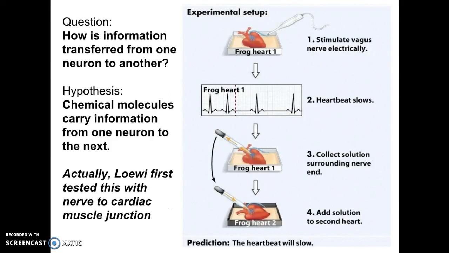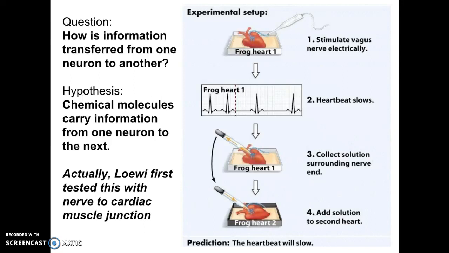He did this in frogs, and so he stimulated the vagus nerve of one frog and collected the liquid from around that heart, and then he squirted that liquid onto a second heart, and it slowed down, proving that there was some sort of chemical. He called that chemical vagus stuff after the vagus nerve.